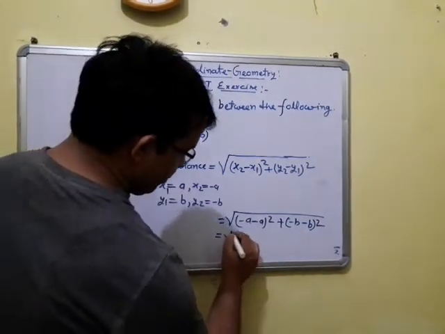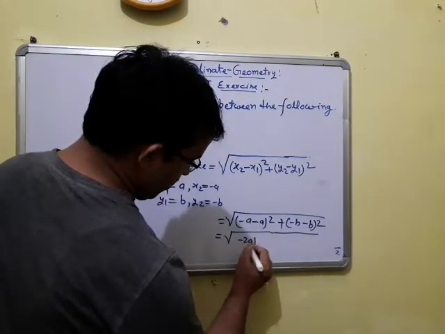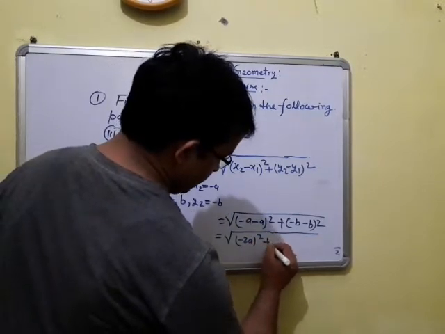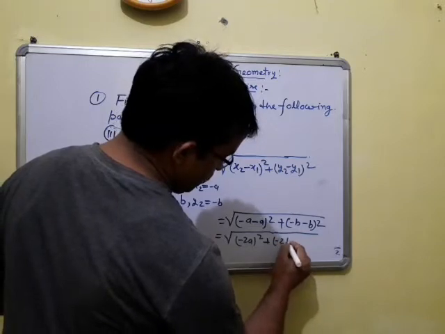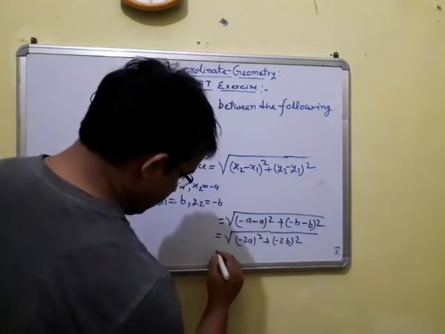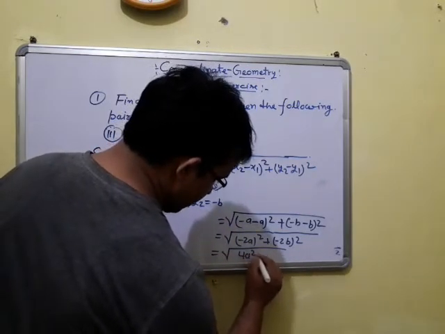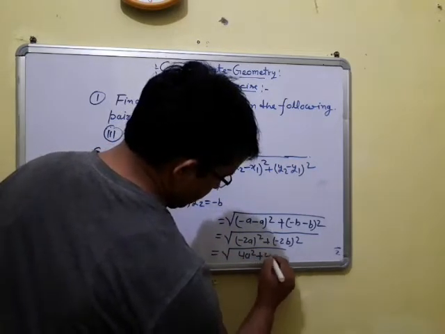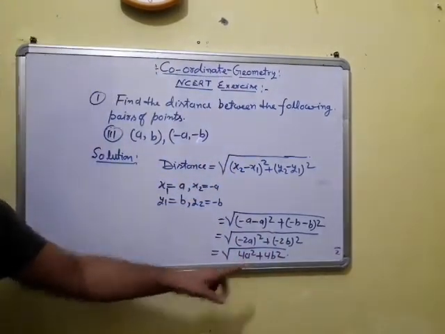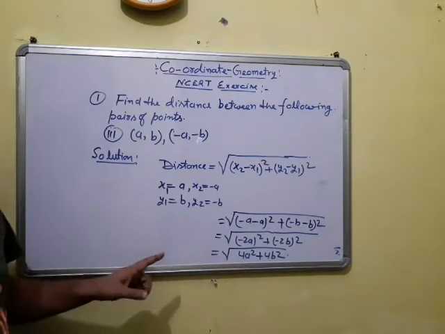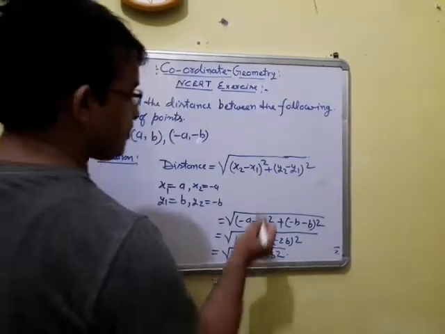This is minus 2a whole square plus minus 2b whole square. So this gives 4a square plus 4b square.